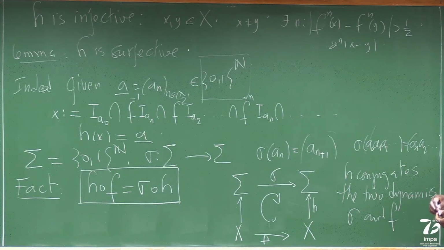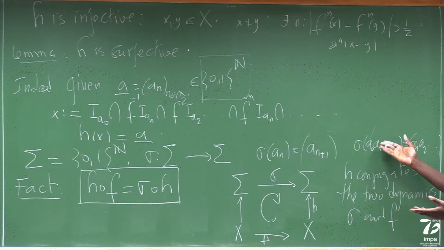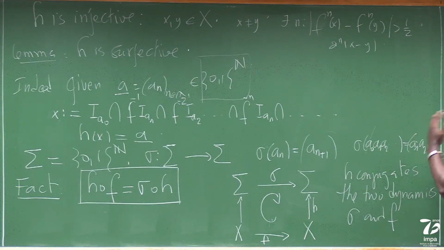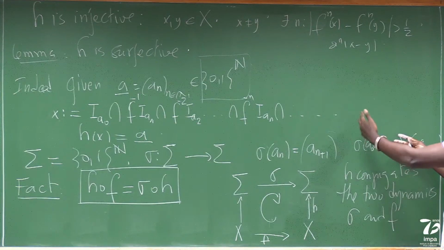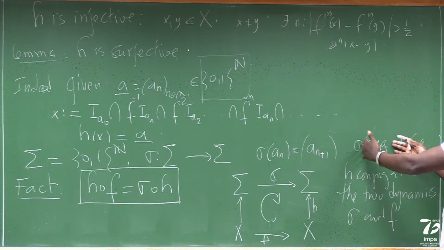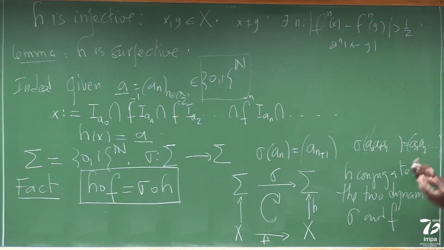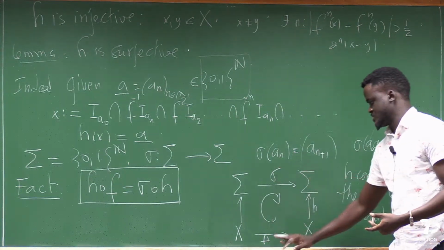You have periodic points, which are just blocks that are repeated. You form a sequence where a block of k digits is just repeating. That is periodic points. So from here you can get a lot of information about f.